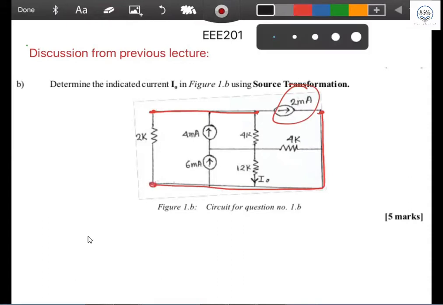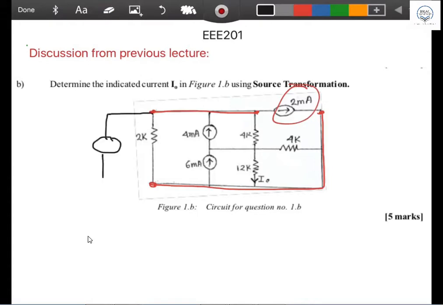You can bring the 2 milliampere current source here like this. You understand it? Yes, sir. Okay, then you can take it off from here, because this is parallel, the same node. So that means this 2 milliampere source is in parallel with this 2K.